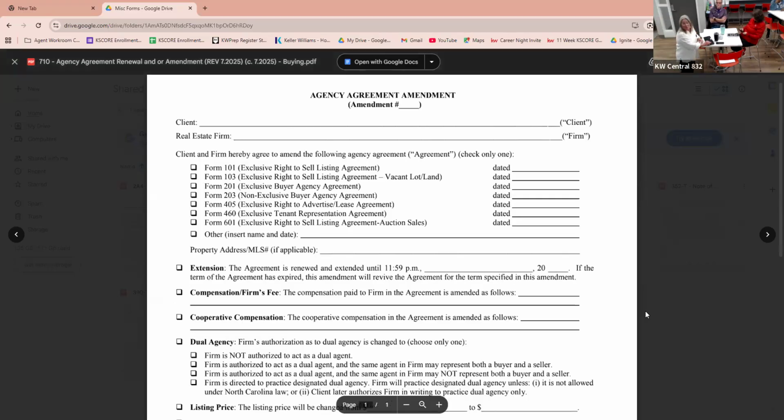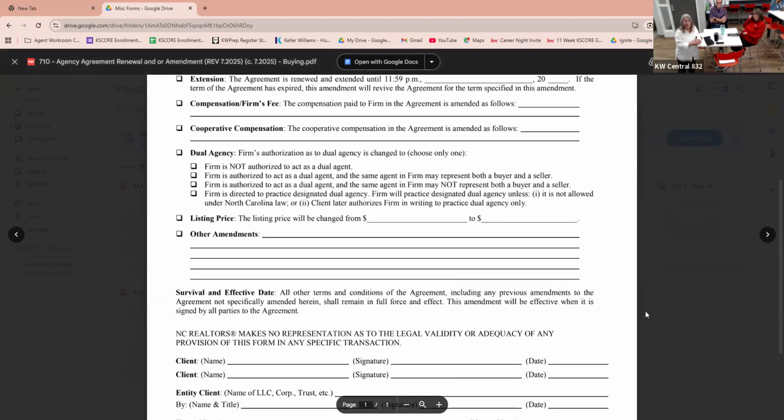This is also where you can modify agency. So let's say that I've had a couple of these recently with agents that practice same agent dual agency, but then they got into a designated agency situation because they brought an offer on a Keller Williams listing that practices designated dual agency.